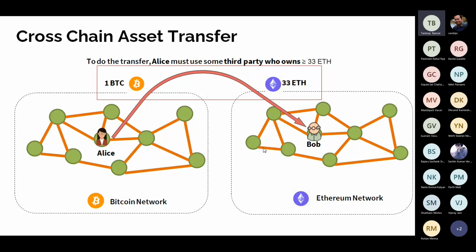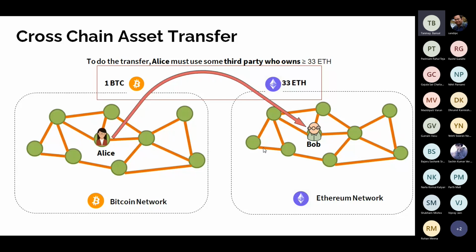This third party will have accounts in both the Bitcoin network and the Ethereum network, and Alice would transfer that 1 Bitcoin to this trusted third party, and this third party will then transfer the equivalent number of ethers to Bob.